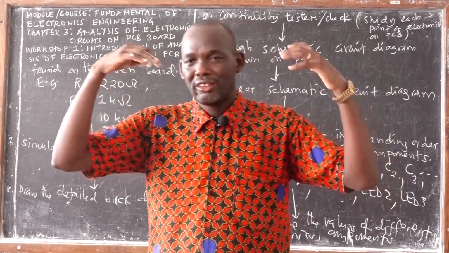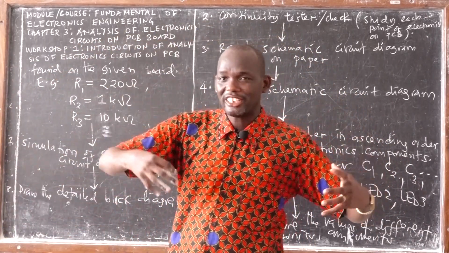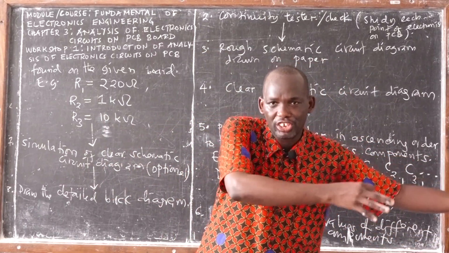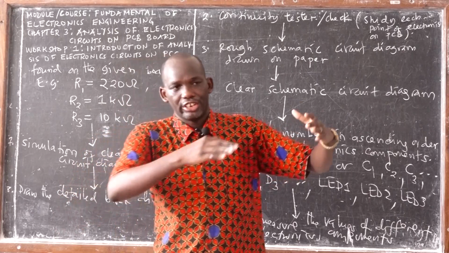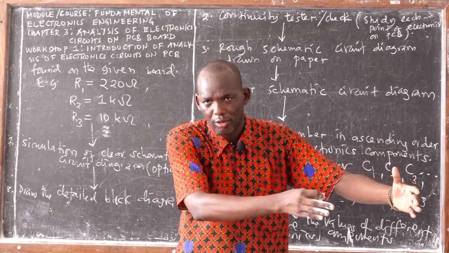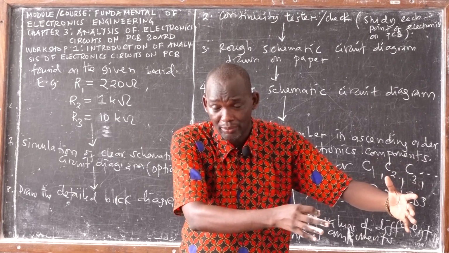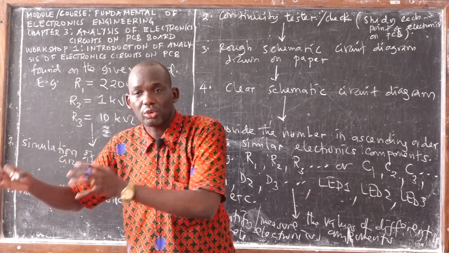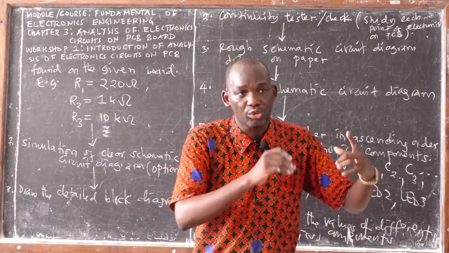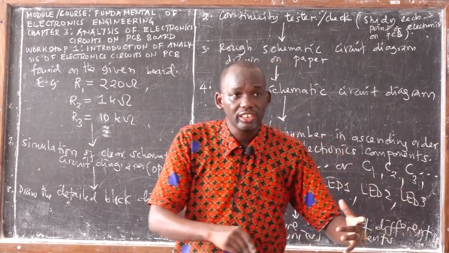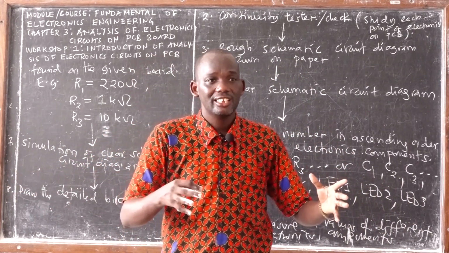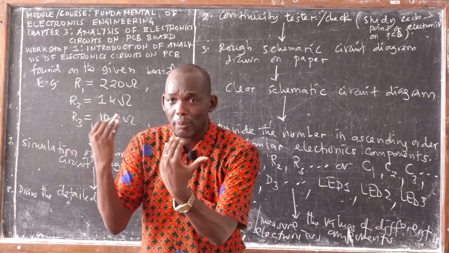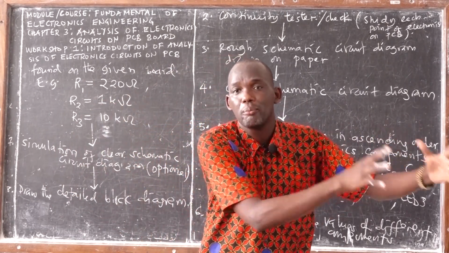We used to draw the schematic circuit diagram from the detailed block diagram, right? Here we have a detailed block diagram of a particular system. If you want to draw the schematic circuit diagram, we have to open each block and come up with the electronics components. So now, we draw the detailed block diagram from the clear schematic circuit diagram. How do we draw? You have to group the electronic components to become a single block.